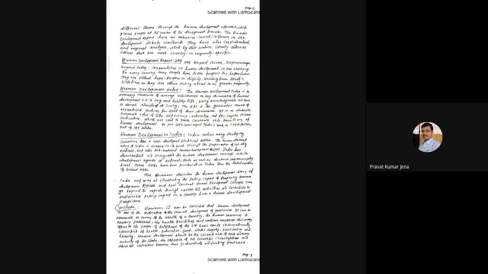This document describes the human development story of India and aims at illustrating the policy impact of preparing human development reports and how central human development concepts can go beyond the reports through various human development activities and contribute to sustainable policy impact in a country from a human development perspective.